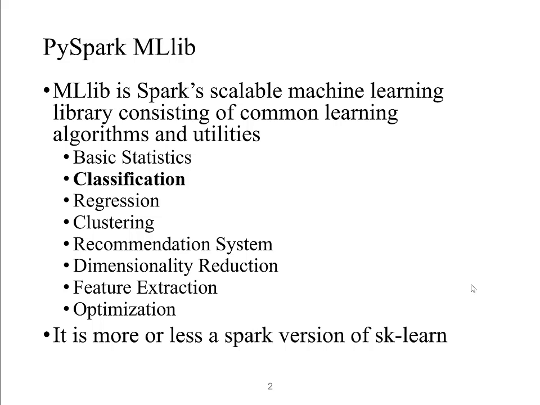A recommendation system is an information filtering system that seeks to predict the rating that a user would give to an item. For example, in online shopping systems like eBay, or movie rating web pages like IMDb.